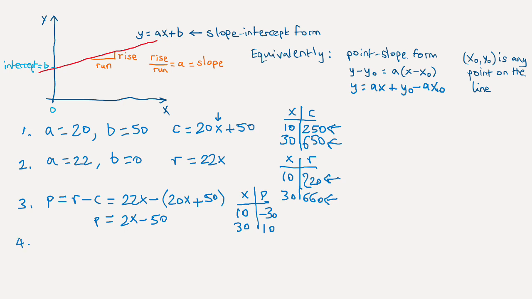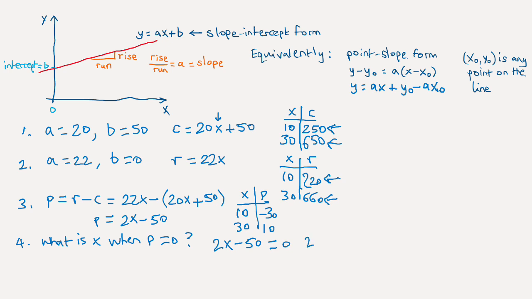This might raise the question, what value of x would give us a profit of 0? So what's the break-even point? So what is x when p equals 0? Okay, so now we're taking our profit function 2x minus 50, and we're setting that equal to 0, and then we're solving for x.